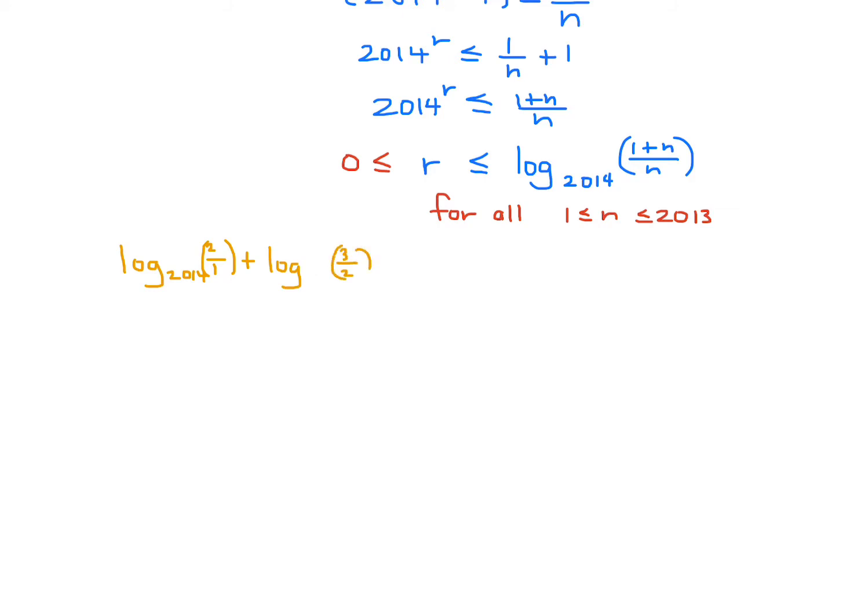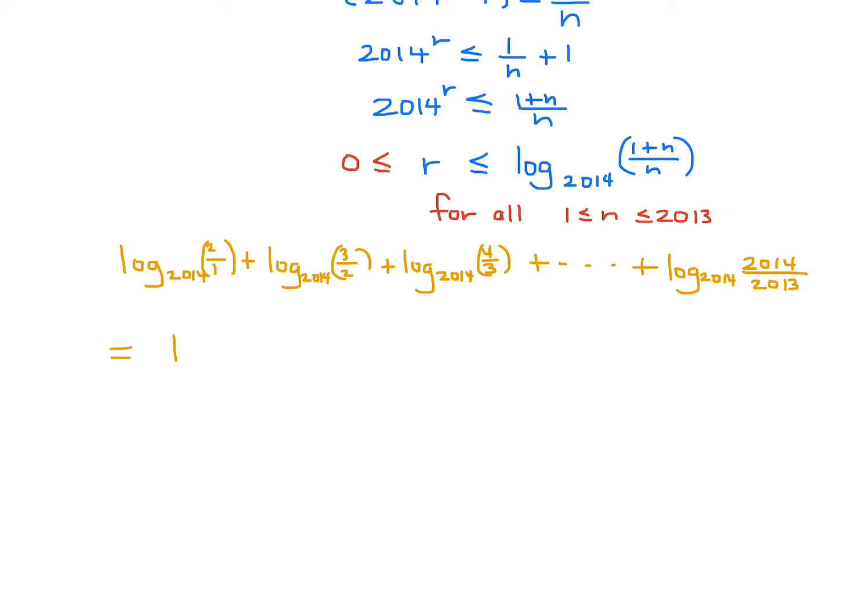And similarly, for n equals 3, it would be log base 2014 of 4 over 3, like that, right? And then you just keep on going, dot, dot, dot, until you get to 2013 for the value of n, and that will give you log base 2014 of 2014 over 2013.